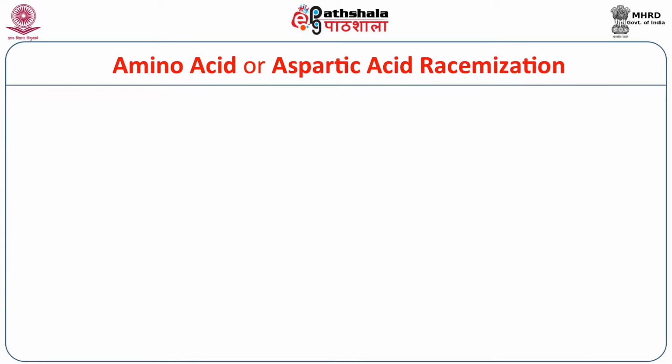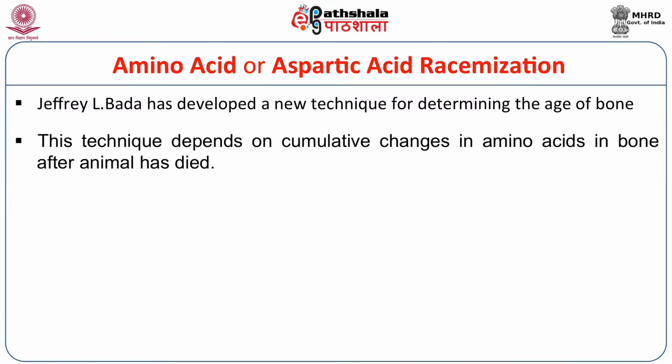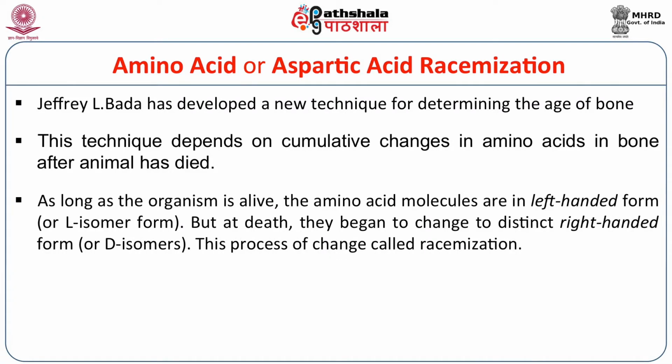The amino acid method has been used in archaeological dating, and this one was developed by Bada. It was developed out of bone. This technique depends on cumulative changes in amino acids in bone after an animal has died. As long as the organism is alive, the amino acid molecules present in the sample are in left-handed form, that means L isomer form.